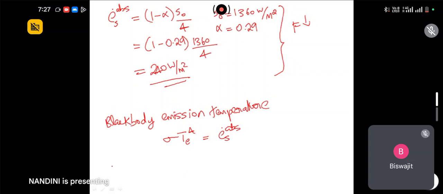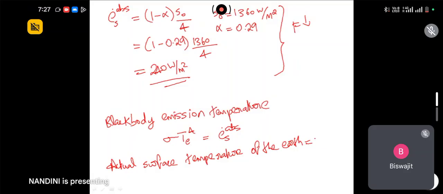Now, the actual surface temperature of the Earth is 288 Kelvin. So based on that, what will be sigma T_s raised to 4? How much is the surface actually emitting?